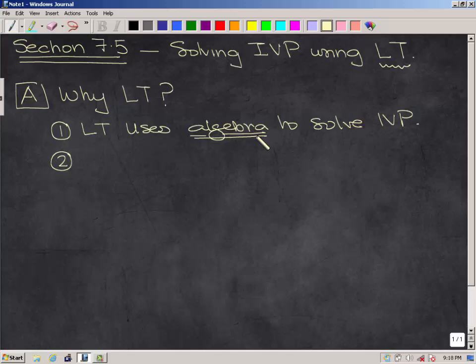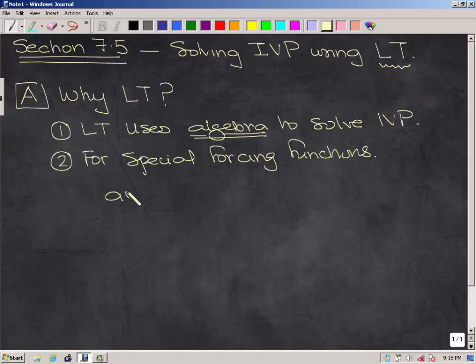The second reason why we need Laplace transforms is for some special forcing functions. If you recall, we could have a differential equation like this: y double prime plus b times y prime plus c times y is equal to some forcing function, some g of x or g of t or whatever.